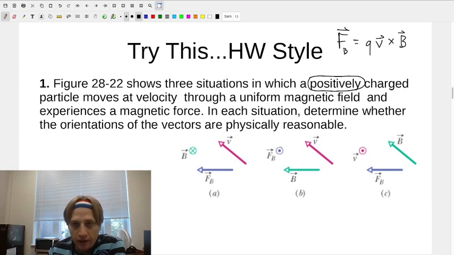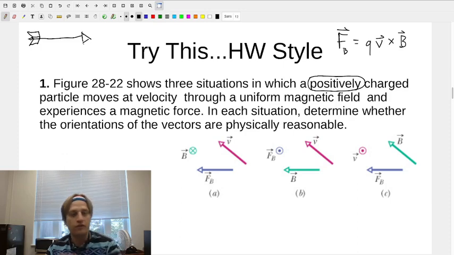Now I think I introduced this notation last time very briefly, but let's just remind ourselves that the dot and X notation comes from the idea that we're pretending our field is something like an arrow, and our arrow has some feathers on the back of it.